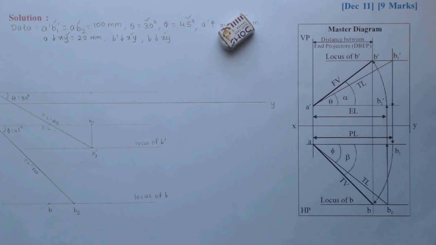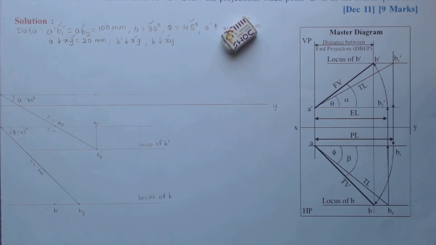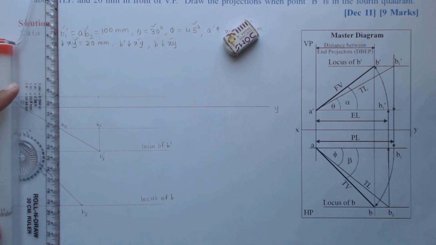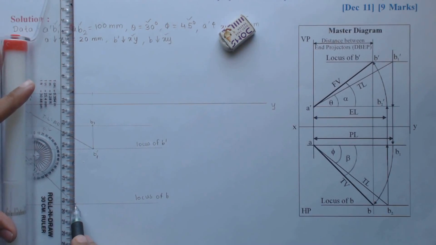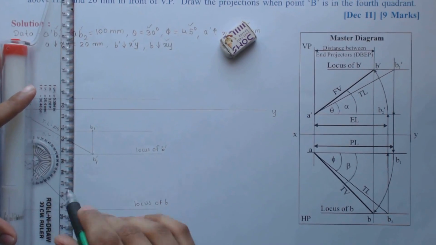So we'll follow the same method here. Now from B2, I need to drop a vertical projector up to the horizontal line passing through A dash. So from B2, I'm dropping a vertical projector up to this horizontal line passing through A dash.